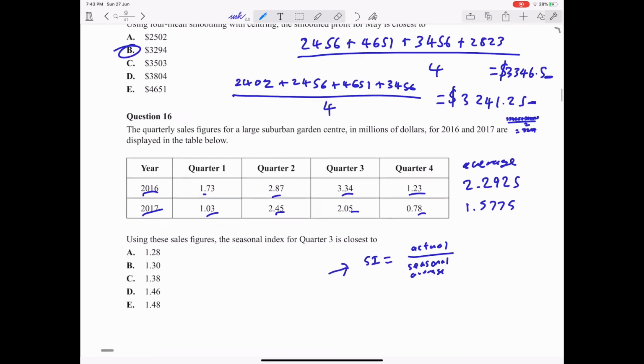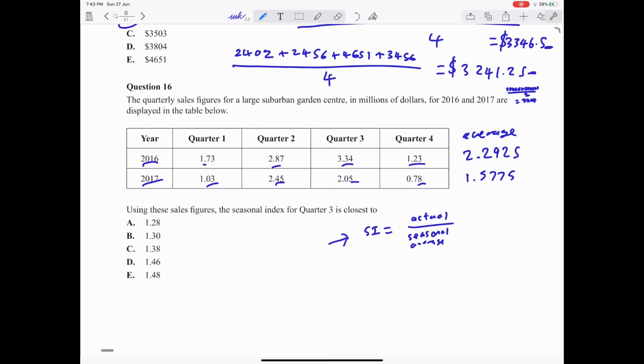So now we need to calculate the seasonal index for quarter 3 in 2016 and 2017. For 2016, the seasonal index is the actual value, which was 3.34, divided by the average, which was 2.2925 for 2016. If you do that on your calculator, you'll get 1.45 to 2 decimal places.